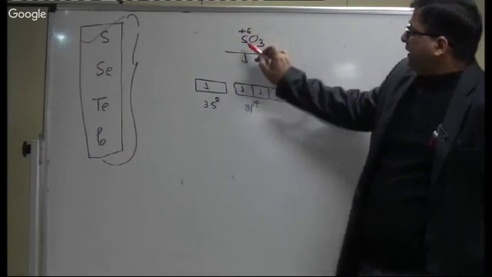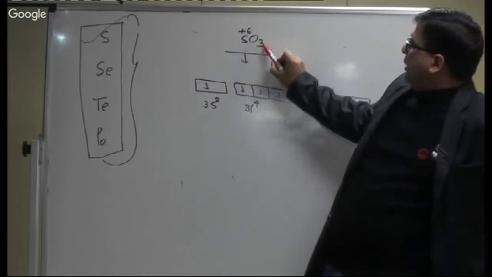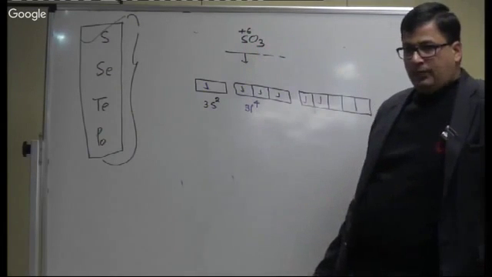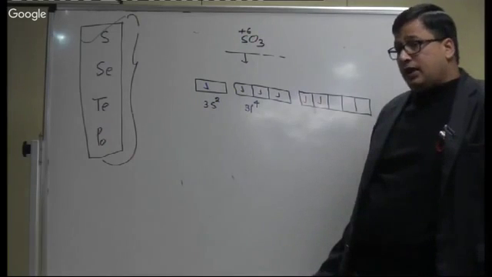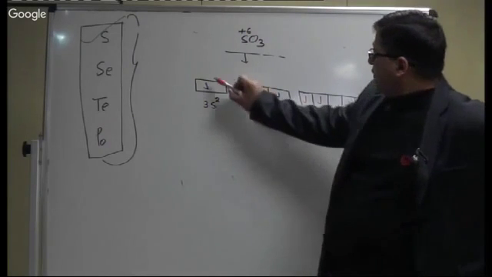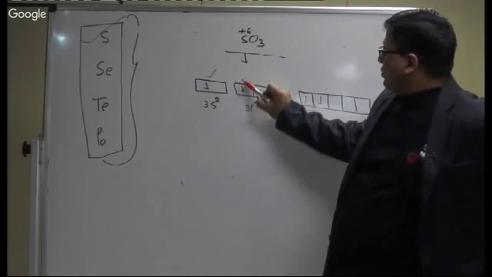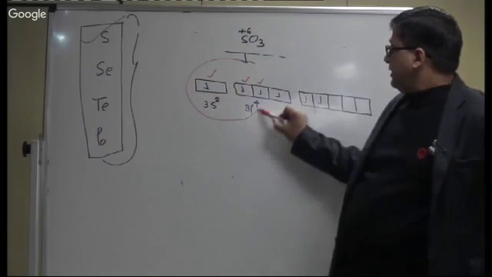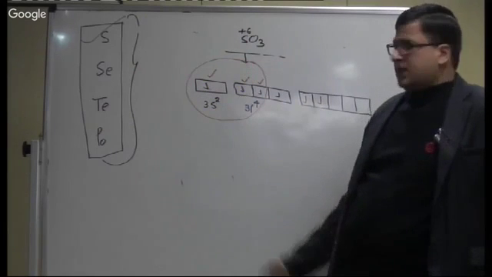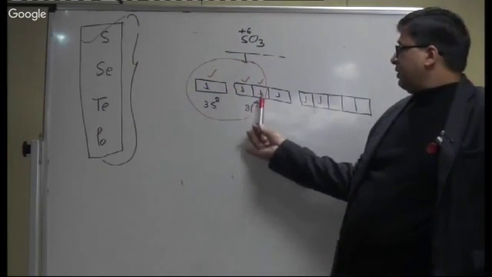Now, this central atom is attached to how many atoms? 3 atoms. So we require 3 unpaired electrons for sigma bonds. Count 1, 2, 3. So this is sp2.